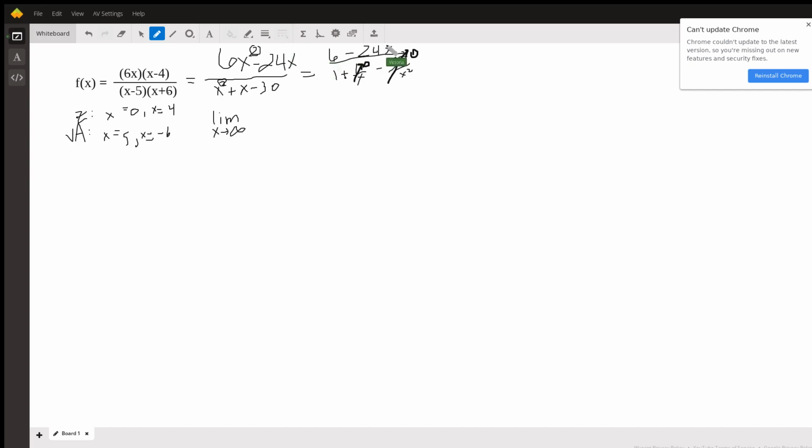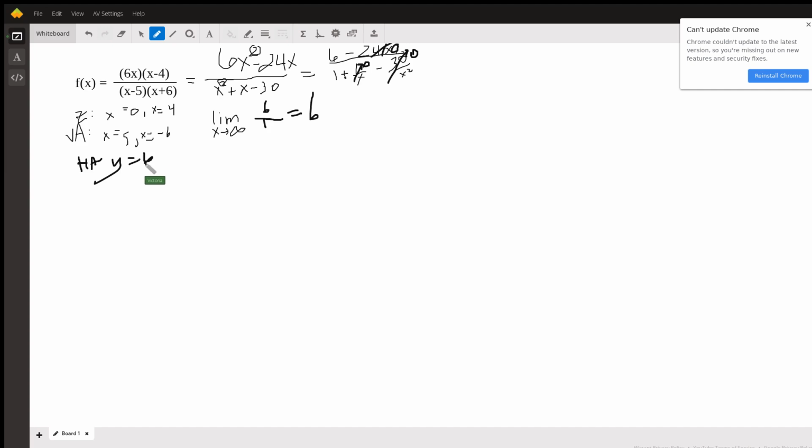And 24 divided by infinity also goes to 0. So in the end, you're looking for the limit as x approaches infinity of 6 over 1, which is just 6. So we have a horizontal asymptote at y equals 6.